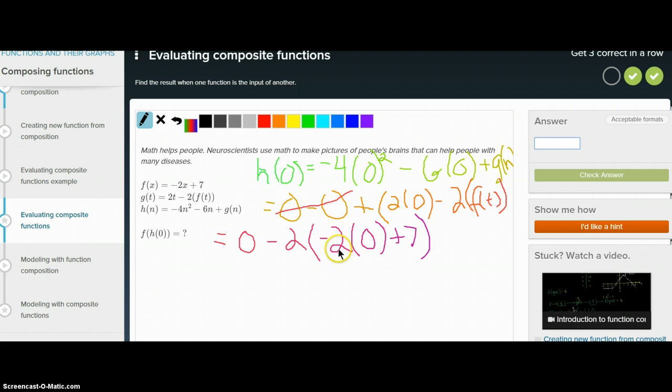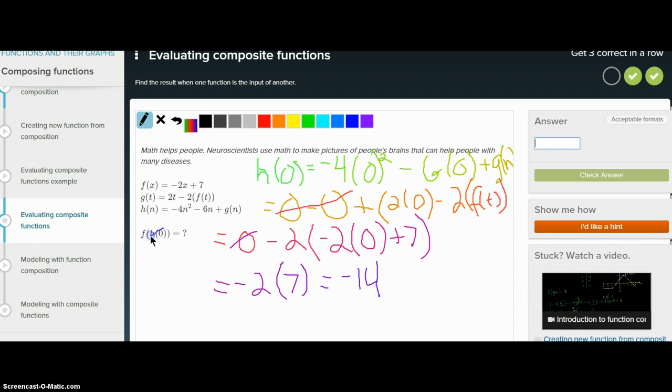Alright, so this is going to be equal to, so 0 times negative 2 is 0, plus 7 is 7. So this just goes away, so we have negative 2 times 7, and that equals negative 14. And then we're going to do f of negative 14.